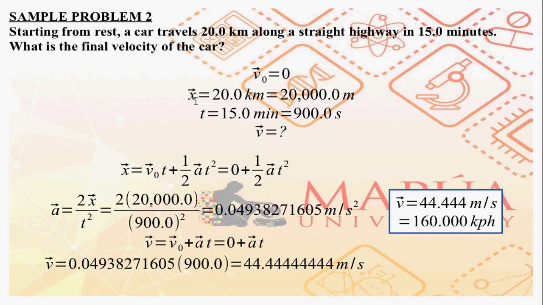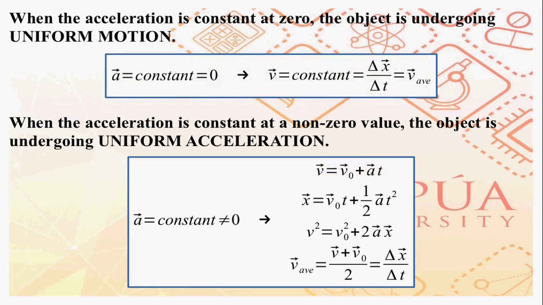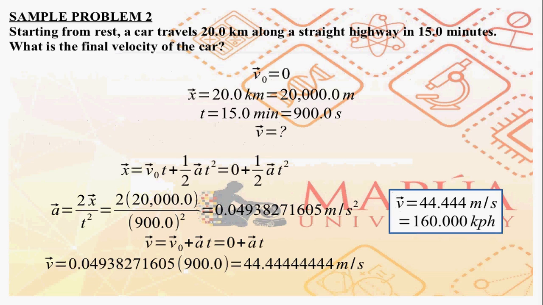For uniform acceleration, you have 4 equations to choose from. In the previous problem, we chose the first equation in the list, going back to a previous slide: v = v₀ + at. For this sample problem, let's take a look at the second equation: x = v₀t + 1/2 at².